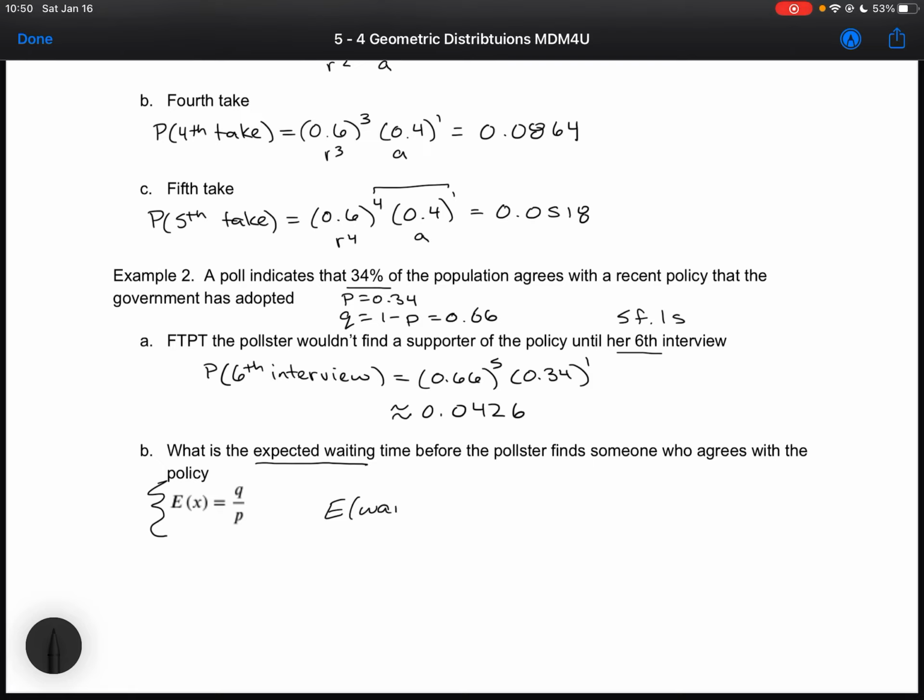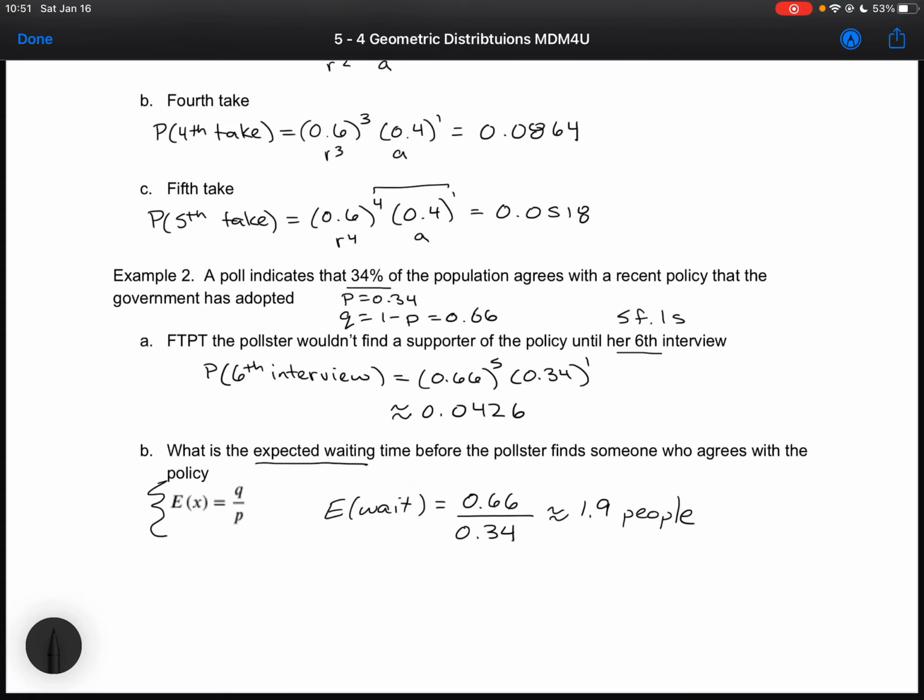So my expected wait time is my q value 0.66 over my p value, 0.34, and it tells me approximately 1.9 people. So I'd be waiting anywhere between 1 and 2 people to find someone who agrees with the policy.